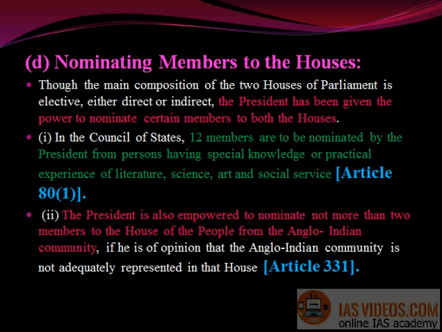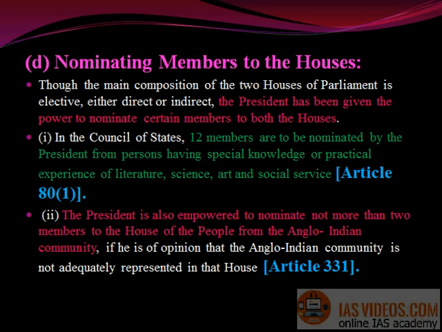Article 81. The President is also empowered to nominate not more than 2 members to the House of the People from the Anglo-Indian community, if he is of opinion that the Anglo-Indian community is not adequately represented in that House.